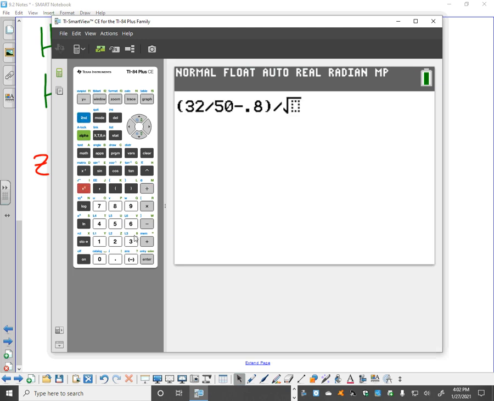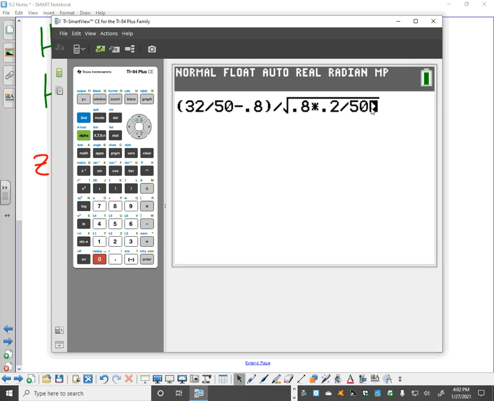So I'm going to go straight to my square root, and then I'm going to do 0.8 times 0.2 divided by 50. Now notice, I did not use parentheses. Well, that's because my calculator knows the order of operations, and when it's glued together like this with multiplication and division, it's going to go from left to right. Well, I want it to multiply these two before it divides by 50.